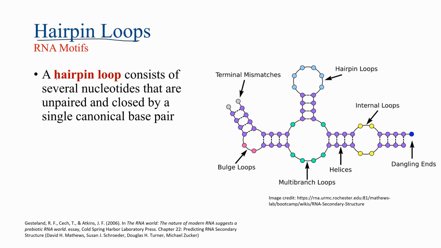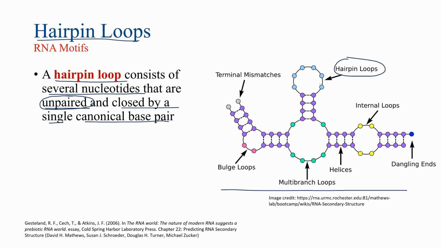So a hairpin loop, by definition, consists of several nucleotides that are unpaired. And importantly here, you have to recognize that these nucleotides are entirely unpaired, and closed by a single canonical base pair. Here in the figure on the right, you can see a hairpin loop.